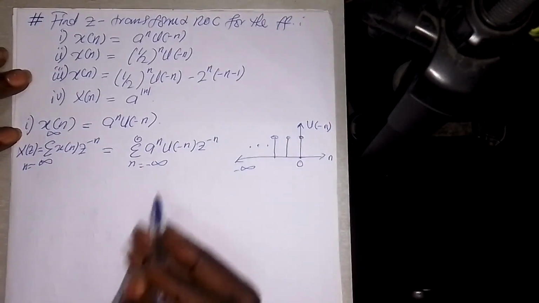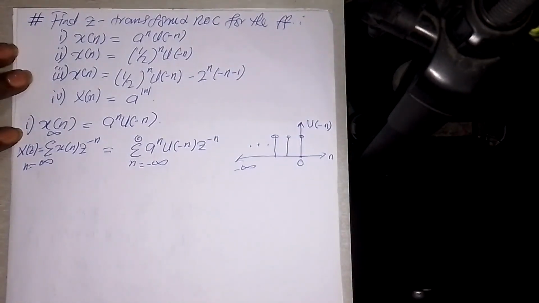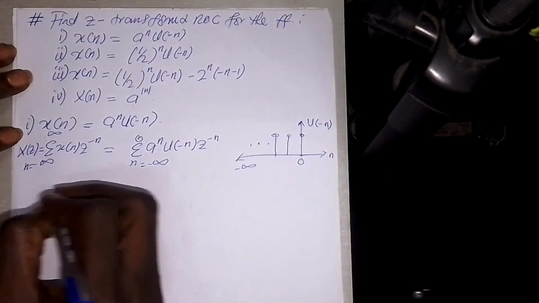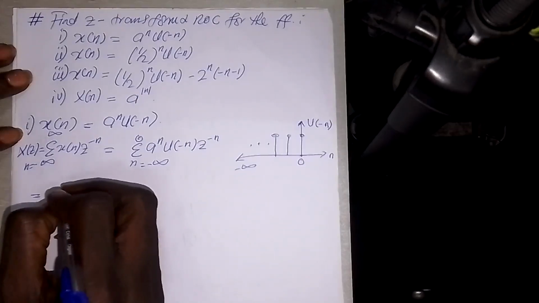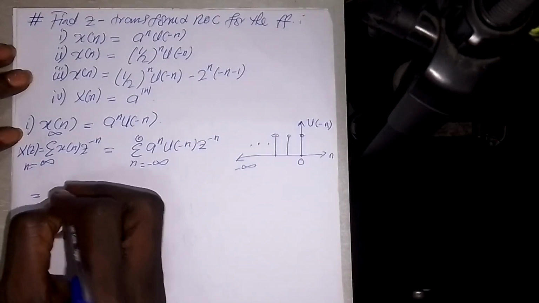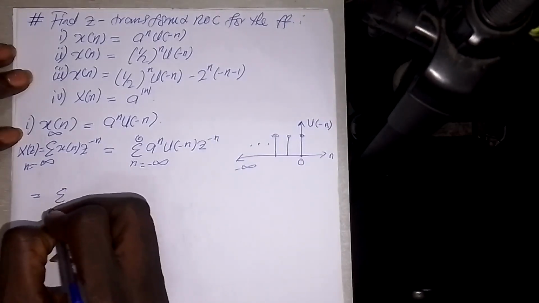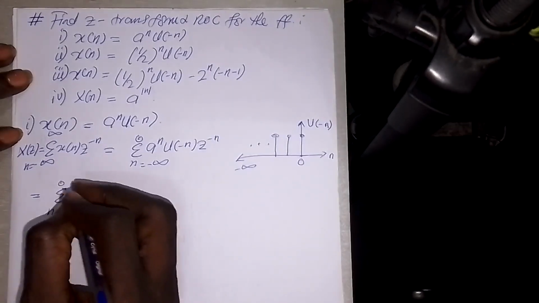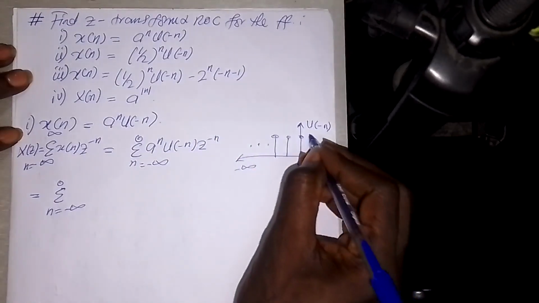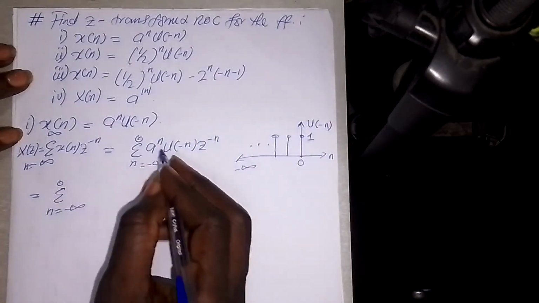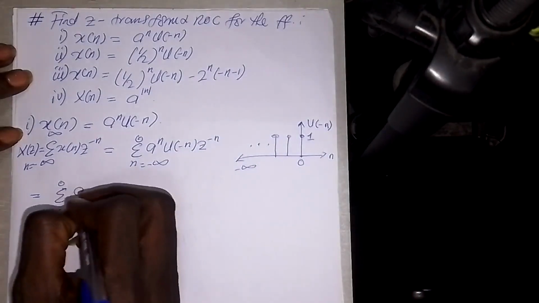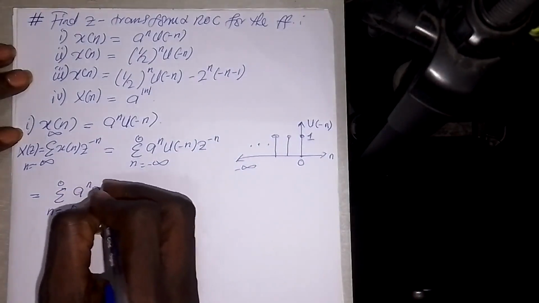So this is how your sequence will look. So basically you're going to have x of 0. Here n goes from minus infinity to 0, and here it is 1, because this place is 1. Because here is 1, your sequence will now become z to the minus n.